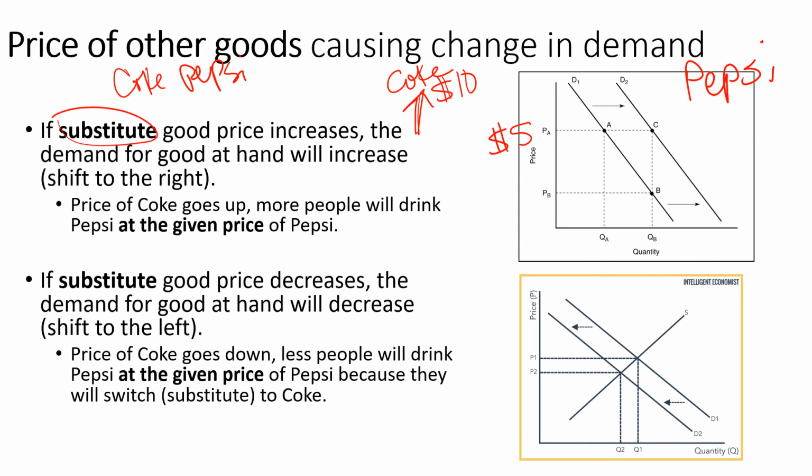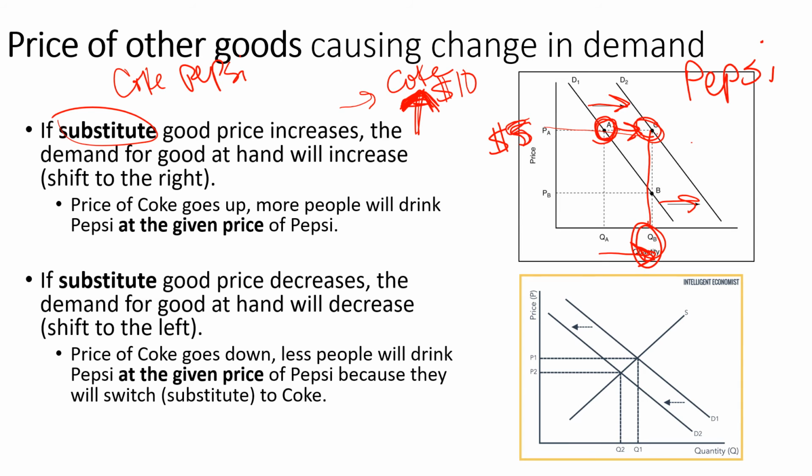Because the substitute good increased their price, people who were buying Coke might now buy more Pepsi. So the market demand for Pepsi shifts to the right. When the demand shifts to the right, a higher quantity, so we've got quantities increasing across the bottom, is desired at the same price than was desired previously before Coke raised their prices. So we jumped from a quantity of A to C.